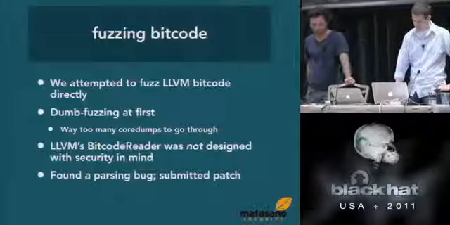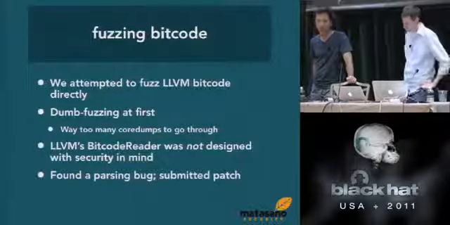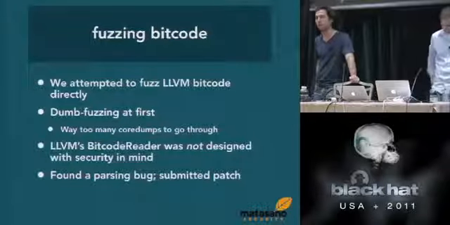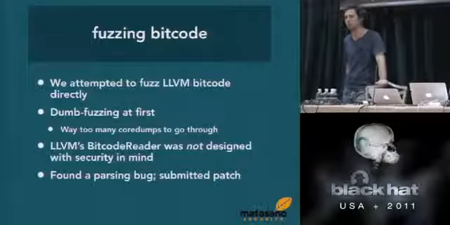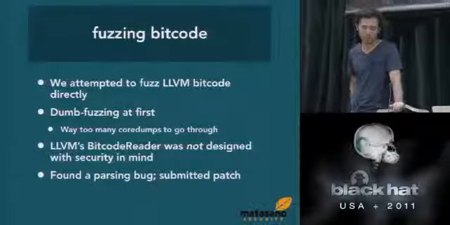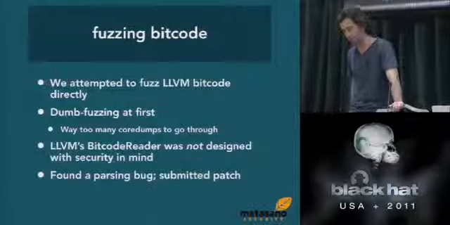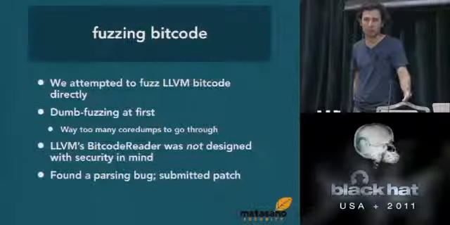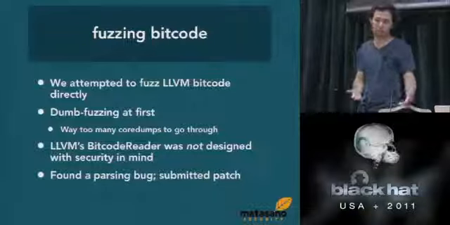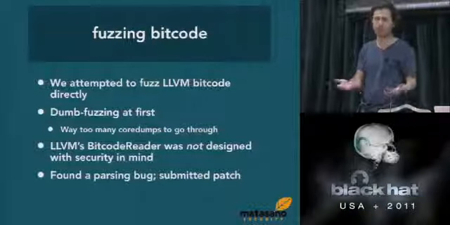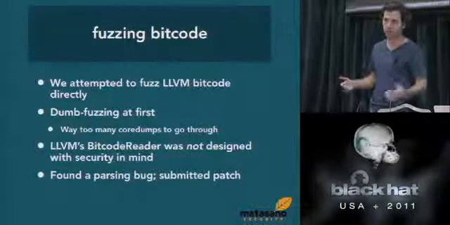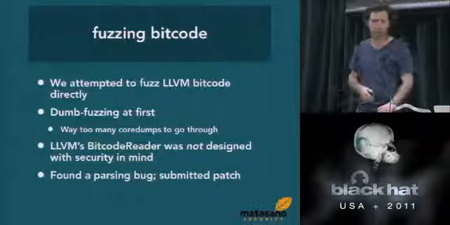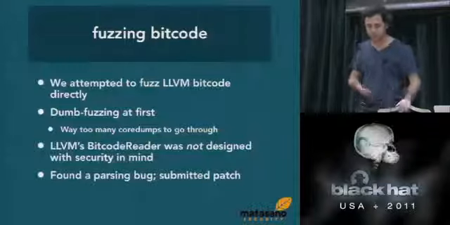We found a bug that let you reset the bitcode reader to any point in memory and instantiate bitcode from anywhere. We submitted a patch. The patch was accepted, but the feedback we received was, well, we're not really treating bitcode as a security boundary. We're providing a library. If you would treat it as a security boundary, it's up to you to validate.